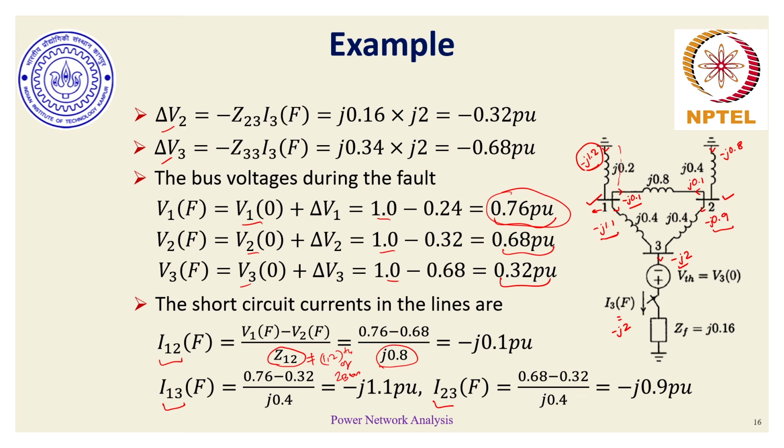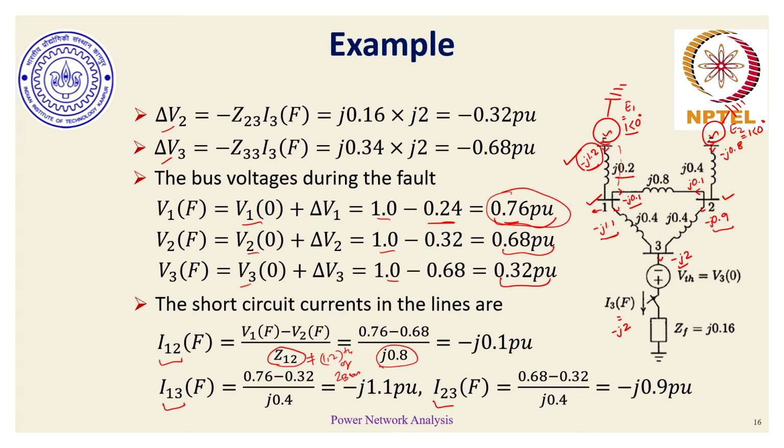The part which I am missing here is that I have not considered the internal EMF of the generator before this grounding point. This internal generator E1 was 1 at an angle 0 pu. Now if I consider the internal EMF, E2, which is also 1 at an angle 0 pu, 1 minus 0.76 is 0.24. 0.24 divided by J0.2 gives me minus J1.2 current.